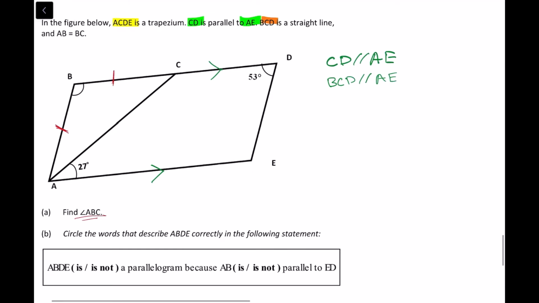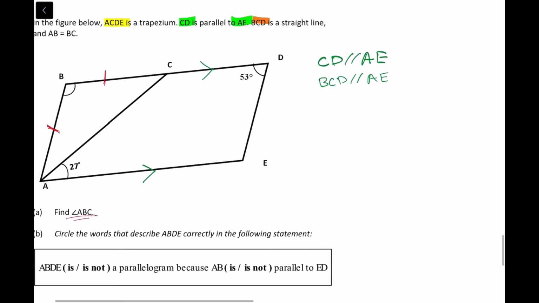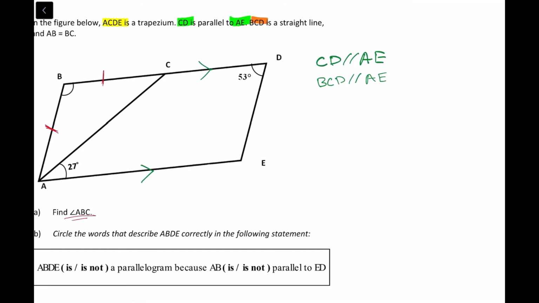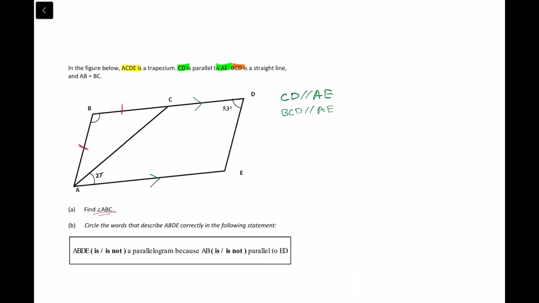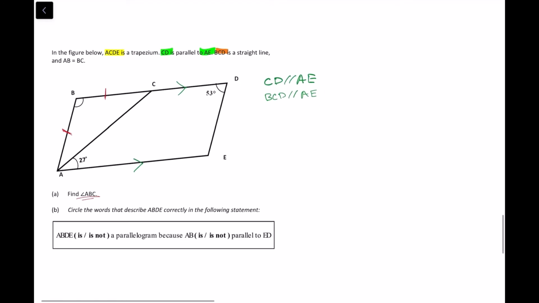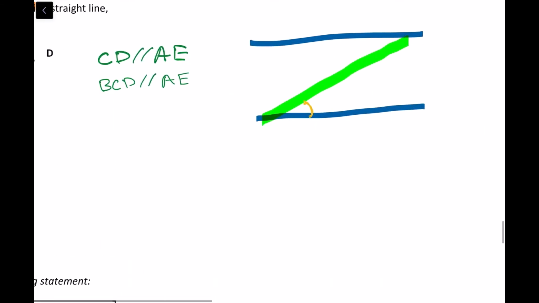You would have heard of this property of parallel lines: if you have two parallel lines and a third line intersecting both lines at an angle, then this angle over here would be the same as this angle over here. If this is 8 degrees, then that would also be 8 degrees.